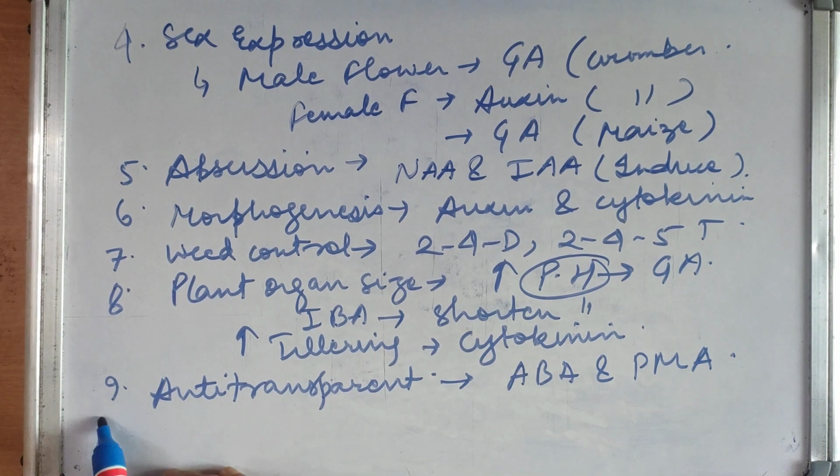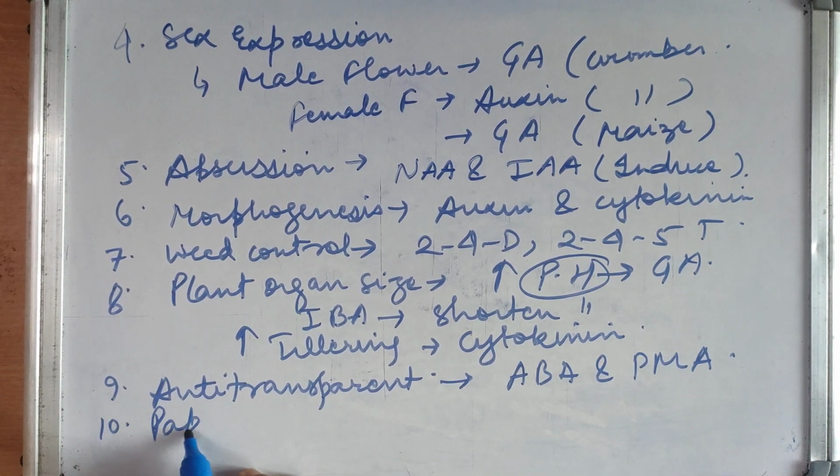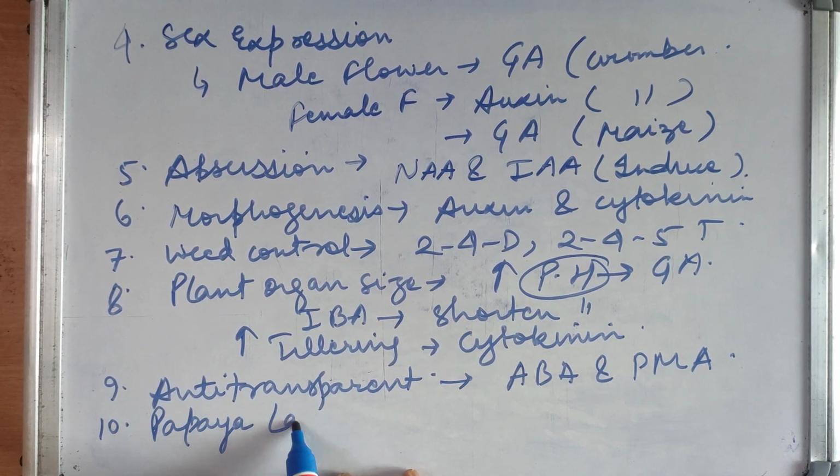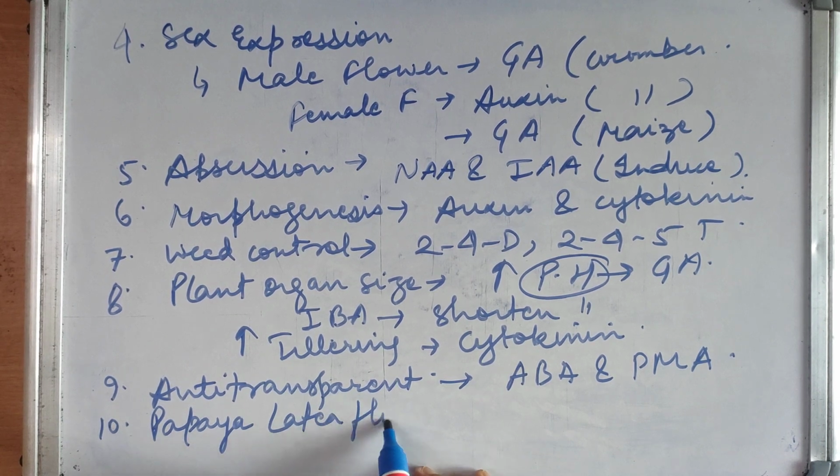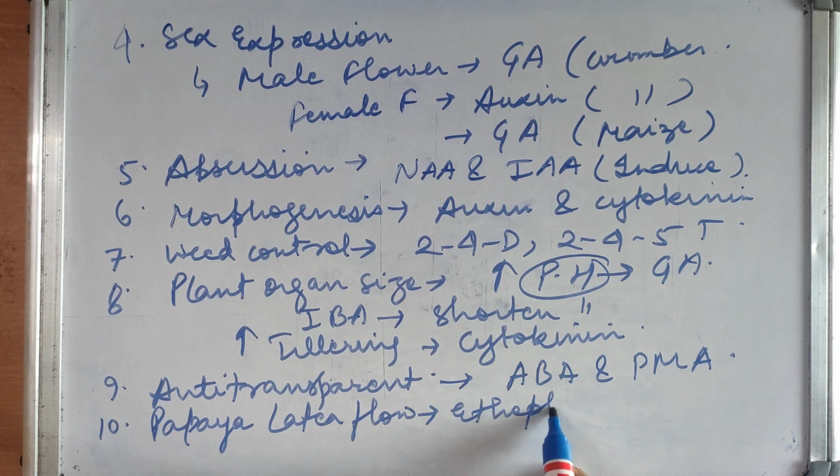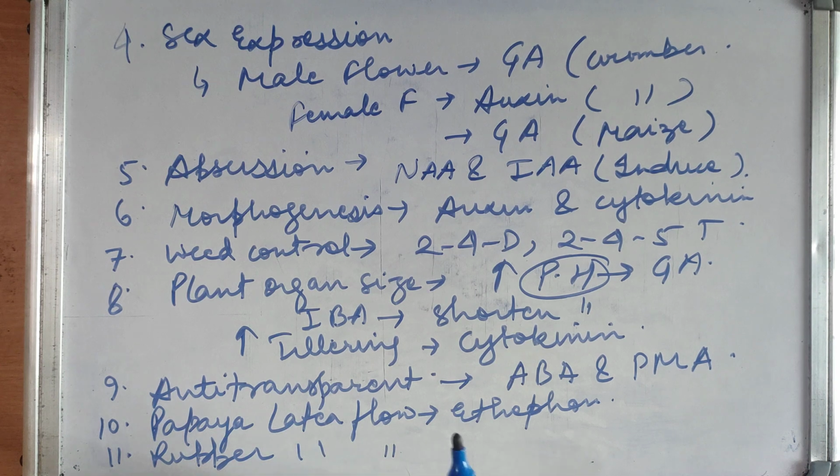Papaya latex flow is done by ethephon. Rubber latex flow is done by 2,4-D and 2,4,5-T.